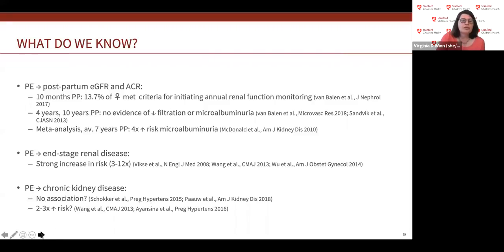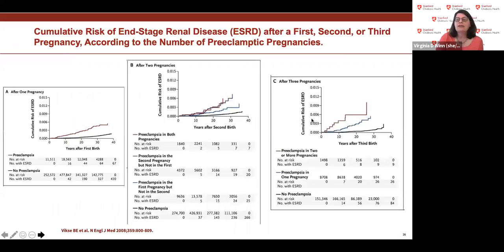What I want to share with you here is the data that shows a strong association with end-stage renal disease. And again, you'll notice that the numbers are low, but if you look years after a first birth, those with preeclampsia are in red versus the black, seeing a definite increased risk.